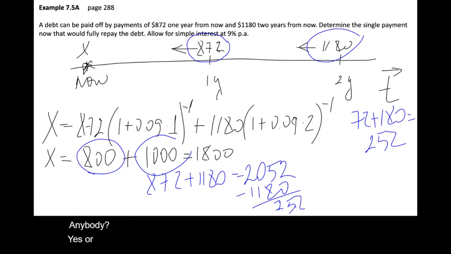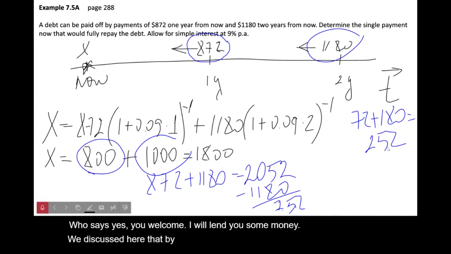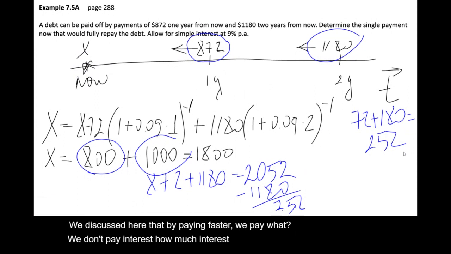Yes or no? Guys, who says yes, you're welcome, I will lend you some money. We discussed here that by paying faster, we don't pay interest. How much interest in this case? $252.